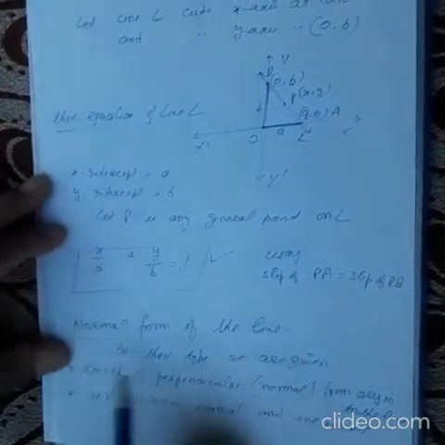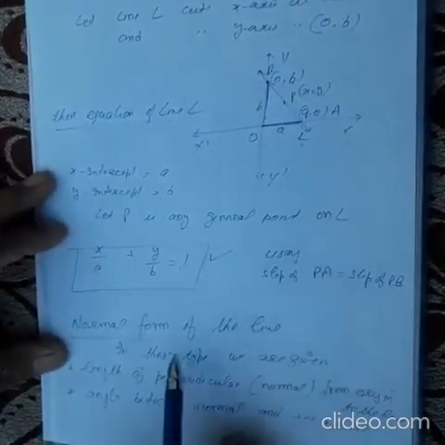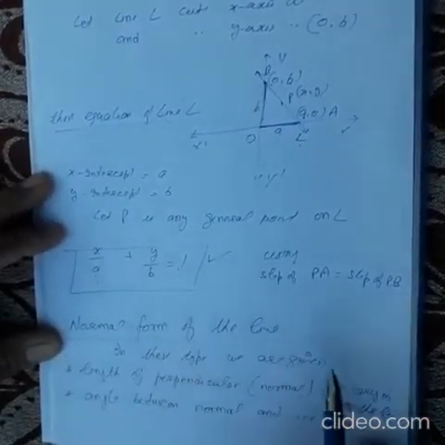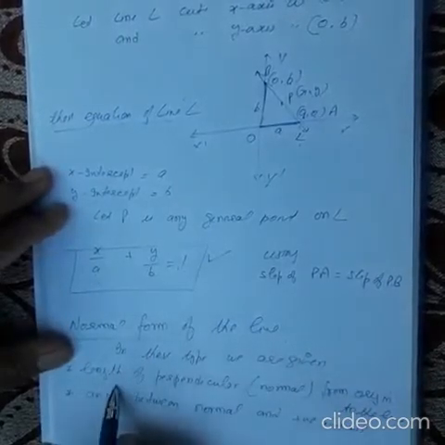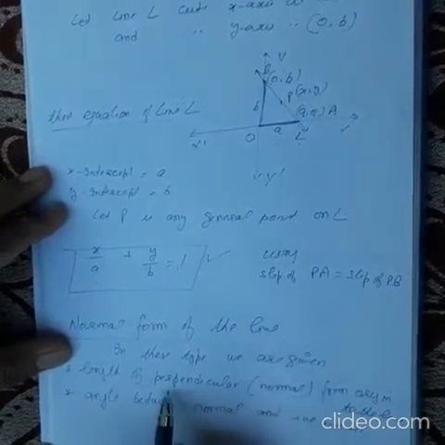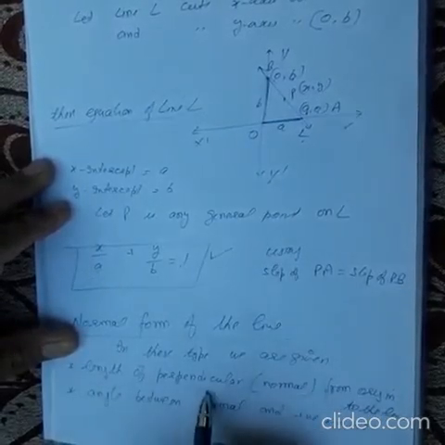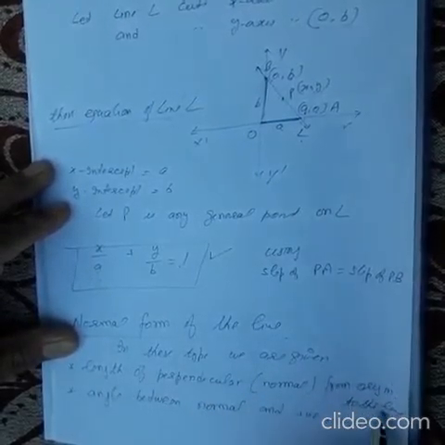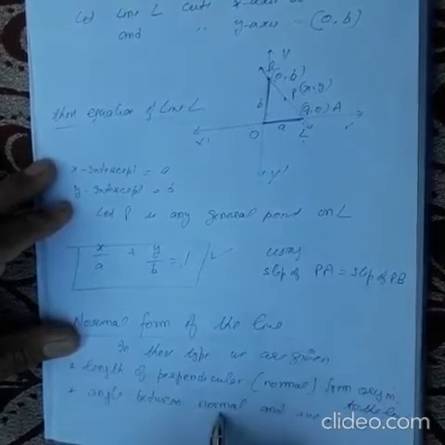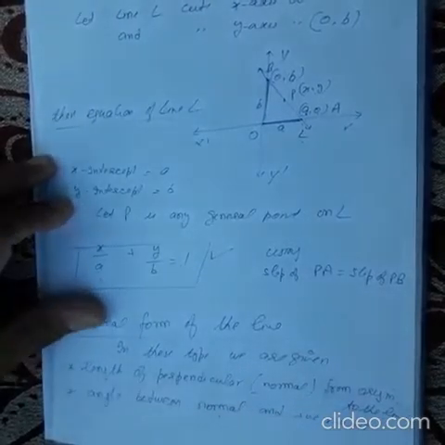Now we have the normal form of the line. This normal form will be used when we are given the length of the perpendicular. Perpendicular is also called normal. We are given the length of the perpendicular from the origin to the line, and the angle between the normal and the positive x-axis. We consider a diagram.